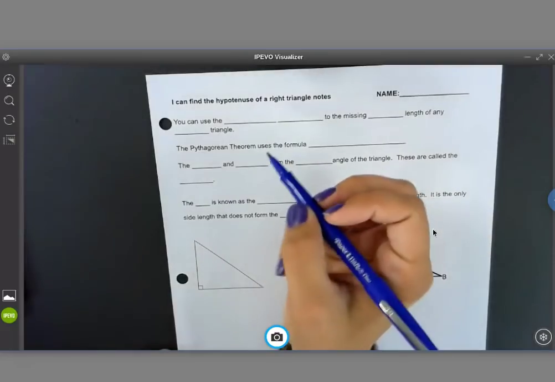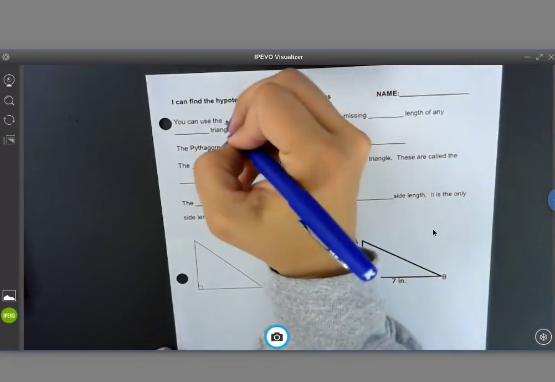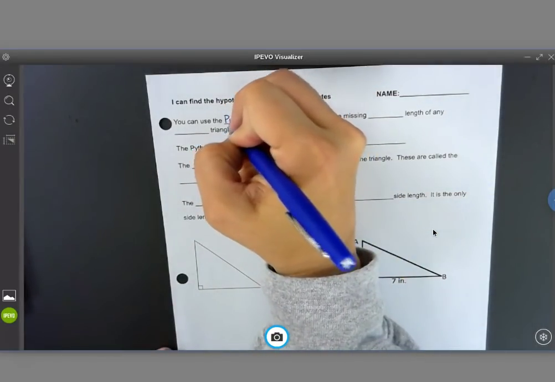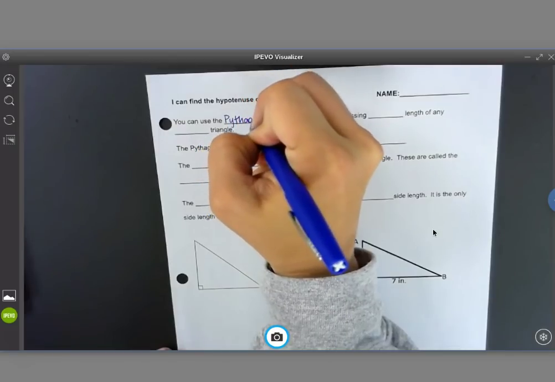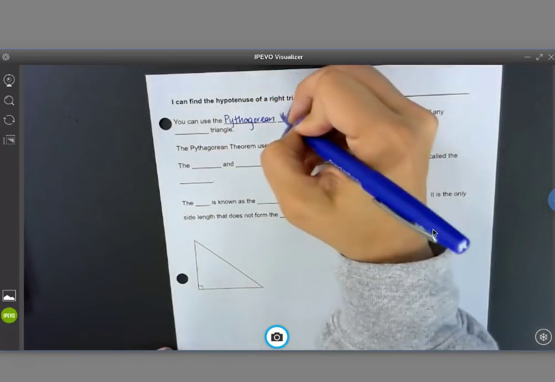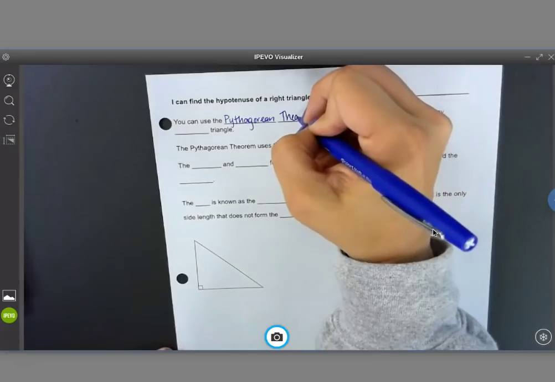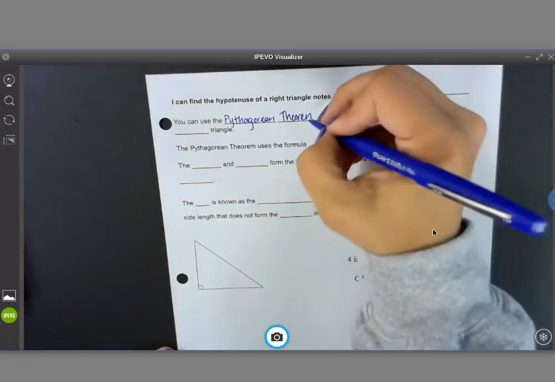Okay. So the notes say you can use this, it is called the Pythagorean theorem. It's a really fun one to say.